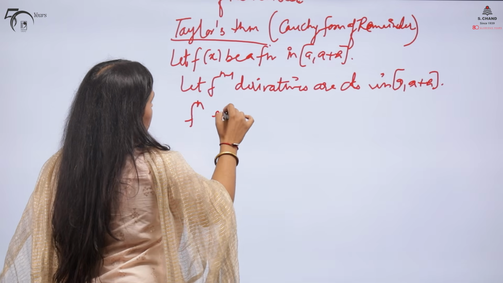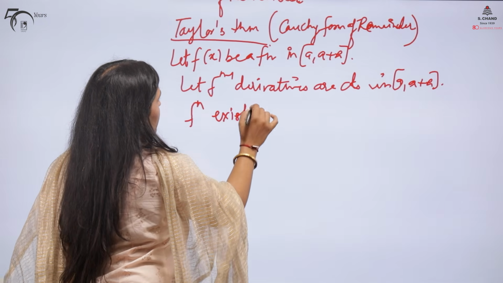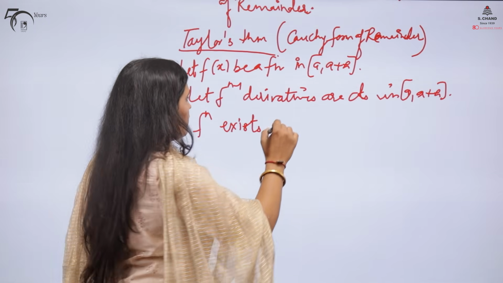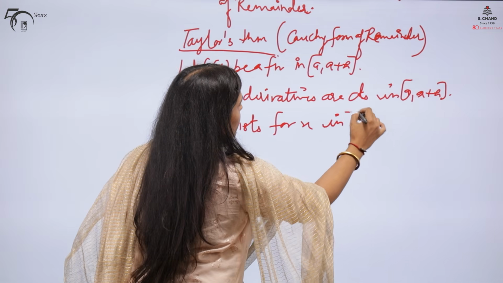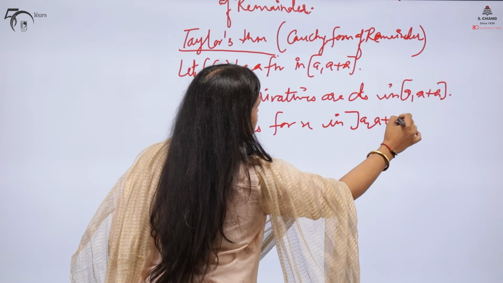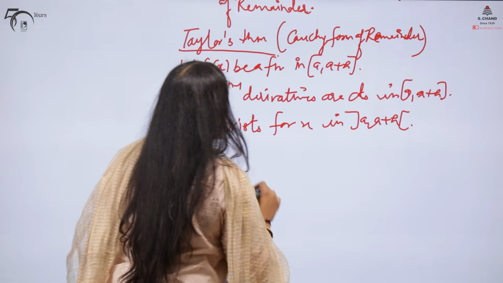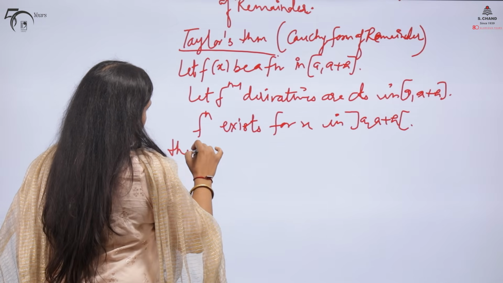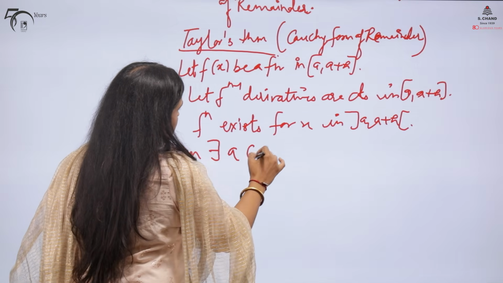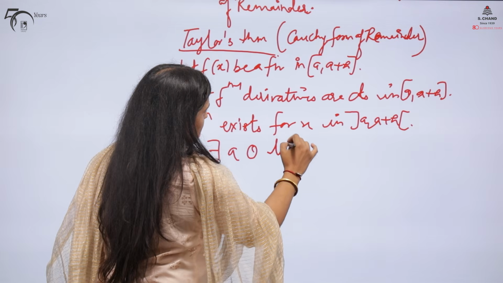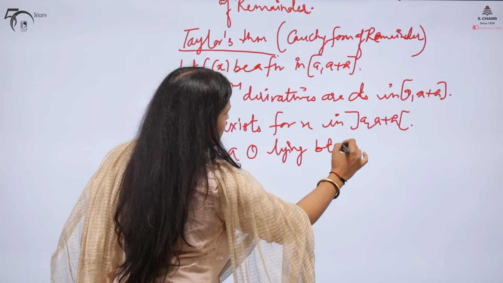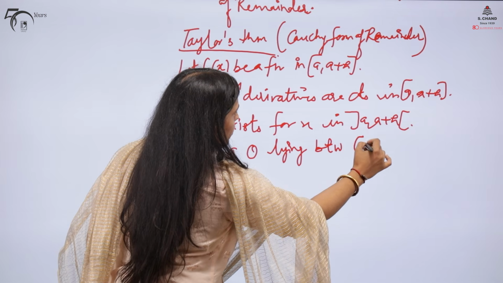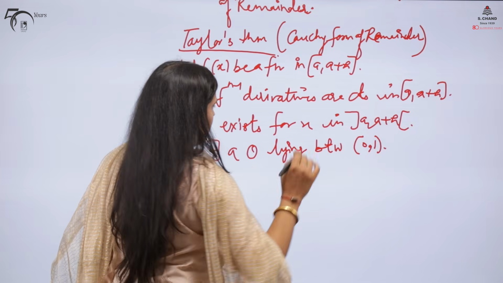f^n exists, it means the nth derivative exists for all x in open interval a to a plus h. If this is the case, then there exists a number theta lying in the open interval 0, 1.